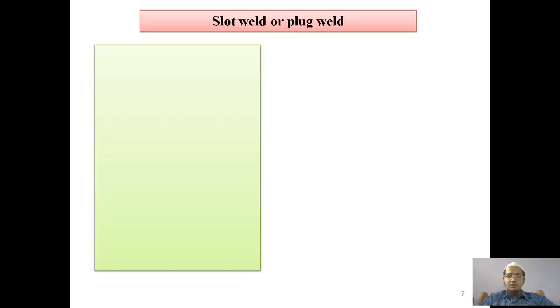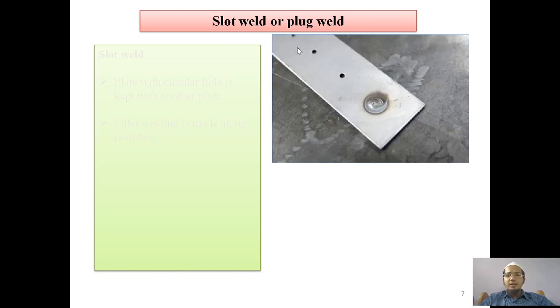Hope you understood this. Now, what is meant by the slot weld or plug weld? When the plates which are going to be joined have circular holes, and one is kept over another plate, then the circular hole will be welded along its periphery. Then it is termed as slot weld. Here in the picture you can see there are holes, and the weld is provided along the periphery of this hole, and this is termed as slot weld. Now what about plug weld? Can you answer?